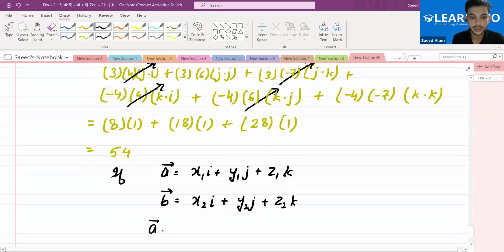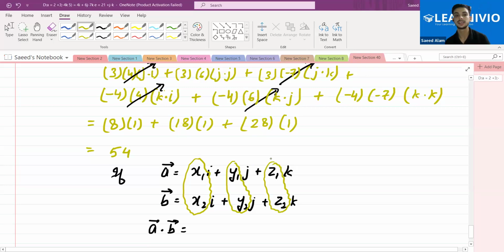And if I need to find out this a dot b, I just need to multiply this thing, and this thing only. Do you people agree with me? Because the rest all will not exist. So what the result will be? That will be simply x1 into x2 plus y1 into y2 plus z1 into z2. Yes or no?